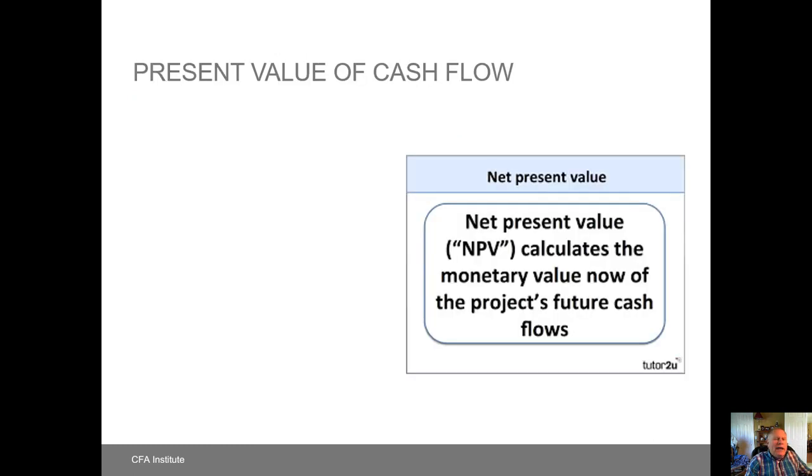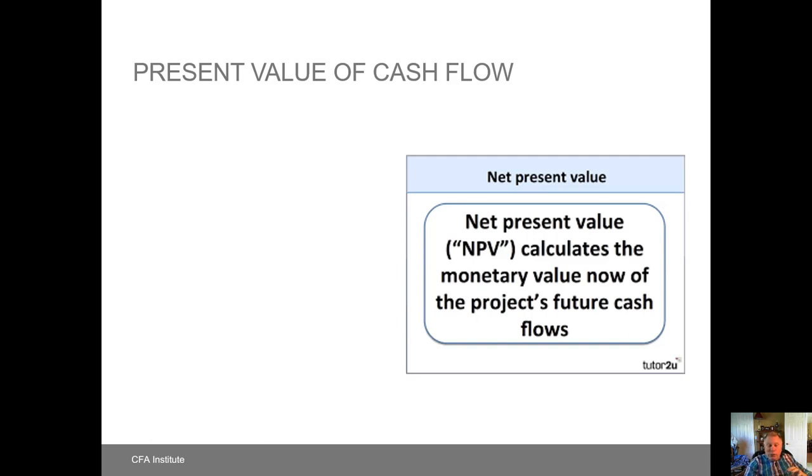The one that we're going to focus on and that we've been leading up to is the present value of cash flows. And as you know, the net present value calculates the monetary value of the project's future cash flow. You already have a forecast that we've talked about, and it's part of the project.